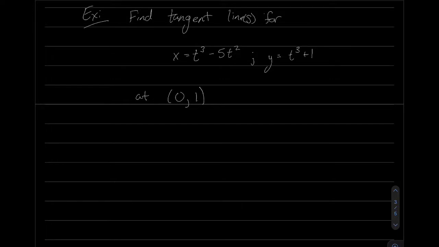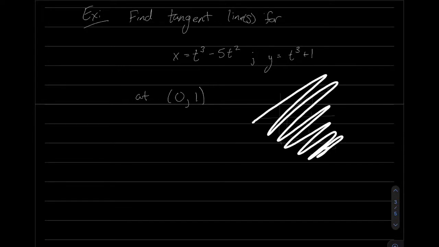This is because we could have a possibility of our parameterization looking something like that. And if we want to look at it at this point, say, we would have a tangent line here, and we would also have a tangent line here, which is why we can't just say the single tangent line. We have to include possibilities for multiple tangent lines.